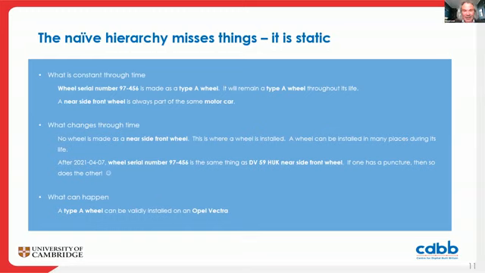That is fine. But during that state, the fact that it remains a type A wheel wherever it is installed, the near side front wheel has to be part of a motor car. It can't be a near side front wheel in the abstract somewhere else. It can't be a near side front wheel when it's in the store. So these are obvious things.